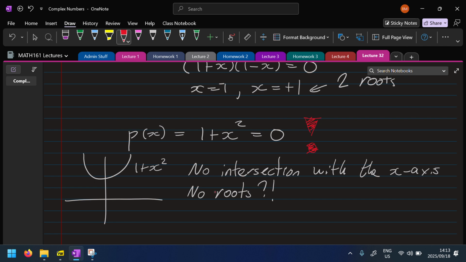Okay, but that's wrong. Because the fundamental theorem of algebra says that every degree 2 polynomial has 2 roots. So in fact, it's not the case that there's no roots. In fact, there are no real roots.